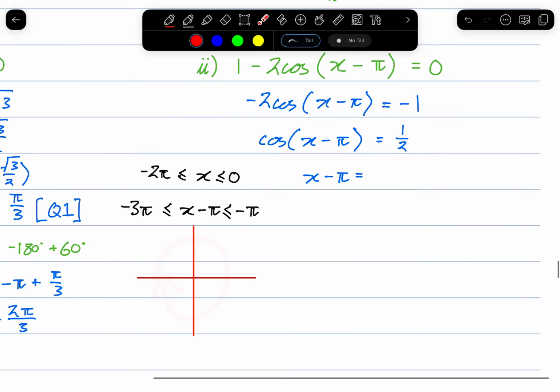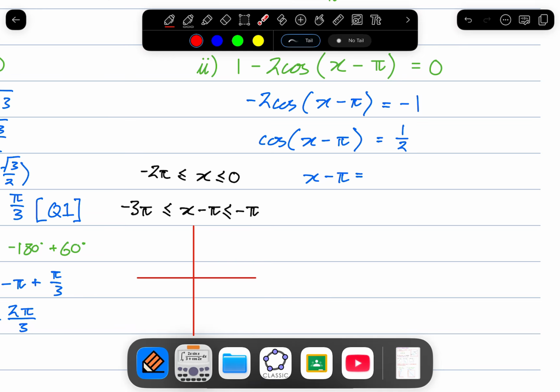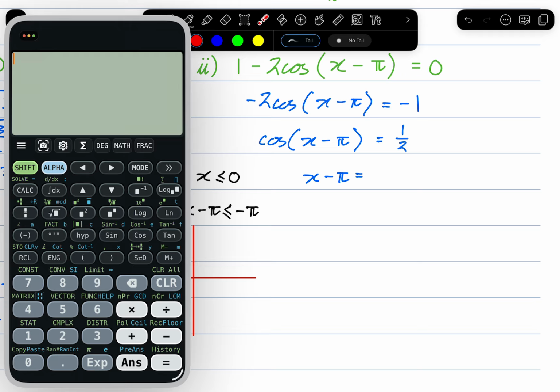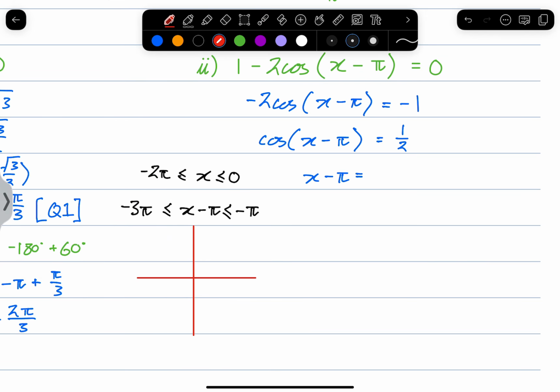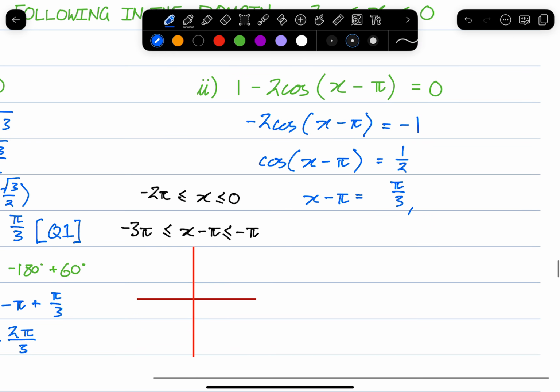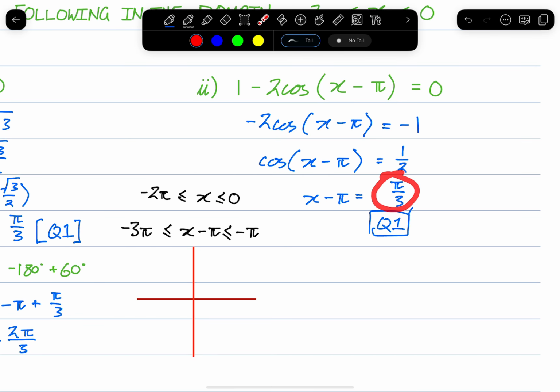So from here, we're looking for inverse sine of half. Sorry, inverse cos of half. This again gives us 60 degrees, or pi on 3. In this case, I'm going to start working immediately in pi on 3, but this is quadrant 1. Remember, that's not part of the solution we're looking for.